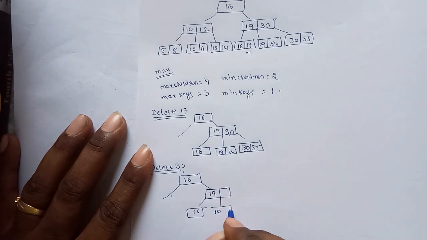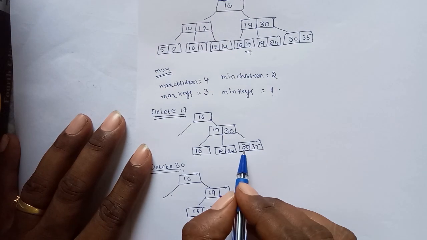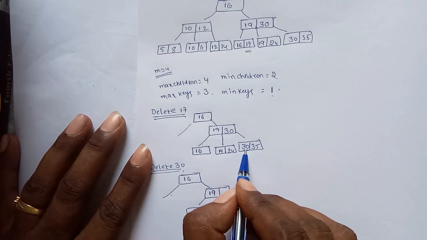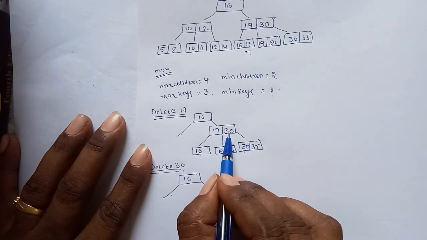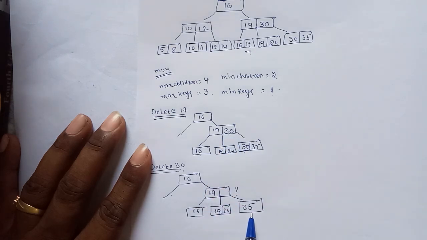The middle value is 19, 24, then the right side is 35. Then what is the value at this position? If you are removing an element, remove that element from the data level and index level. After removing, 35 is present on the right hand side. So which element is placed?